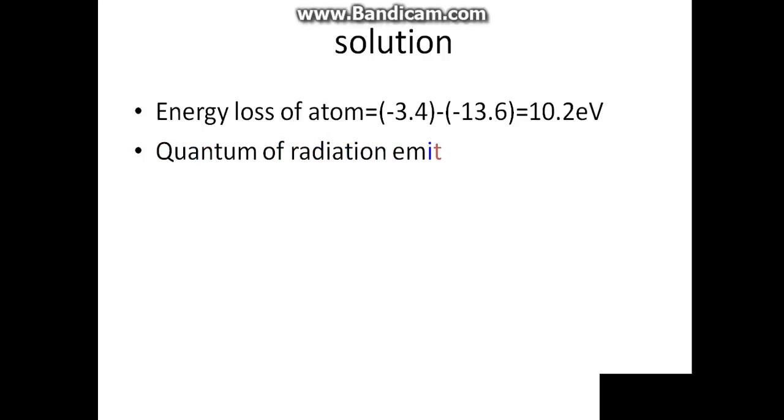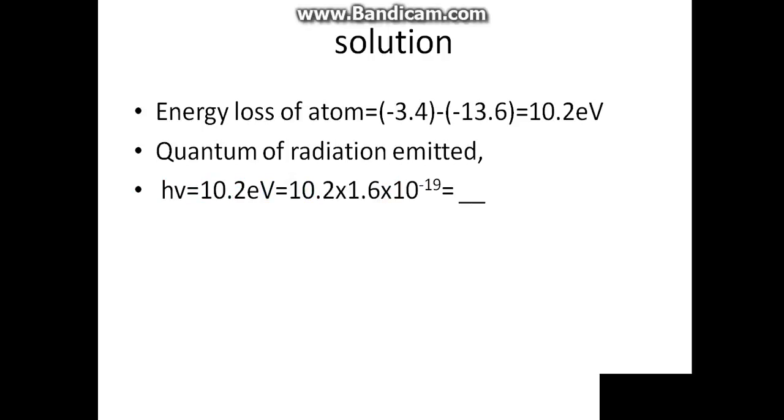Quantum energy of radiation emitted, hv, is equal to 10.2 eV, which is equal to 10.2 times 1.6 times 10 raised to the power minus 19, which is equal to hc over lambda. Lambda is equal to the wavelength.